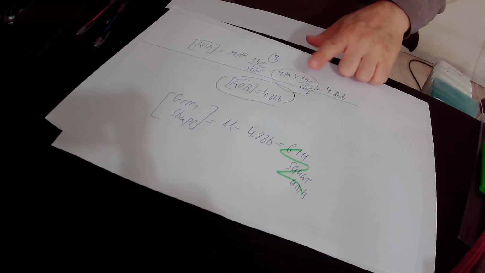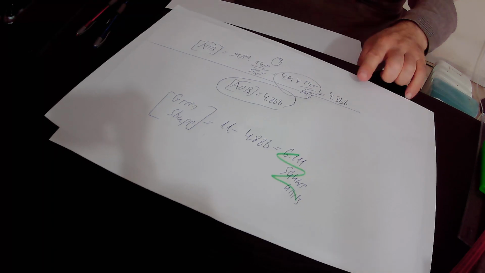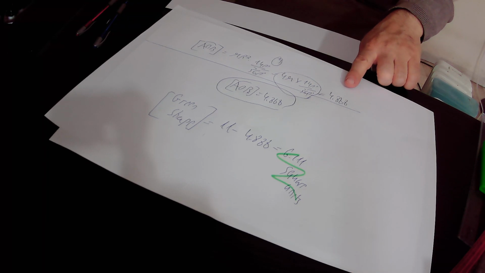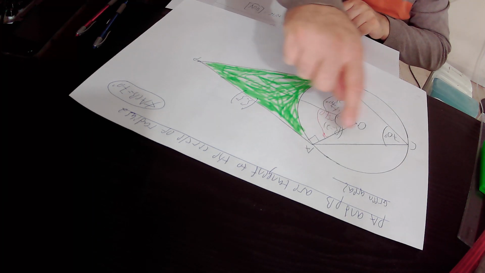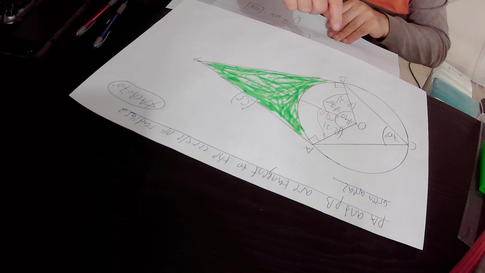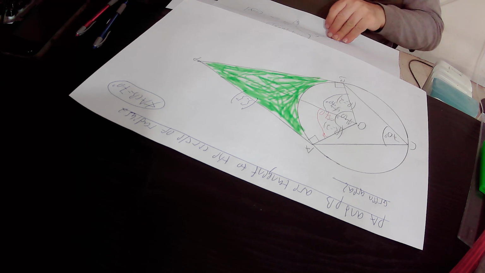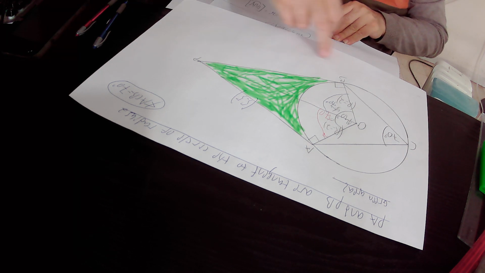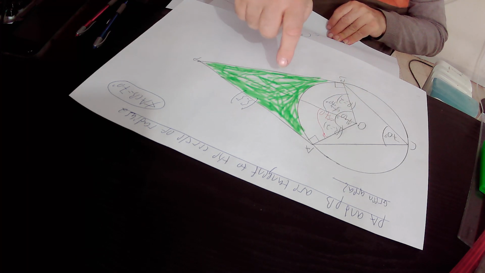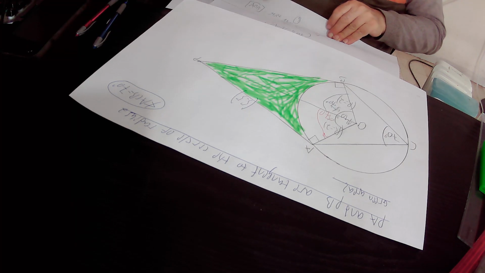The value of this expression is equal to 4.888 square units. In conclusion, the area of sector AOB equals 4.888 square units. So the area of quadrilateral AOBP minus the area of this sector gives us exactly the area of the green shape.